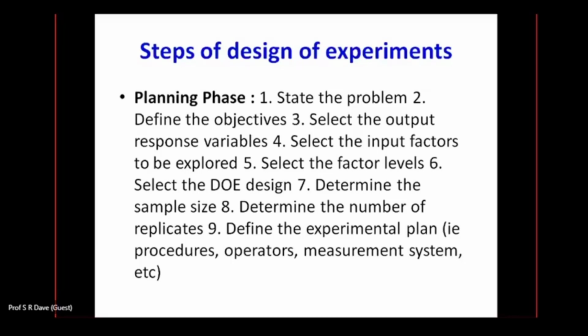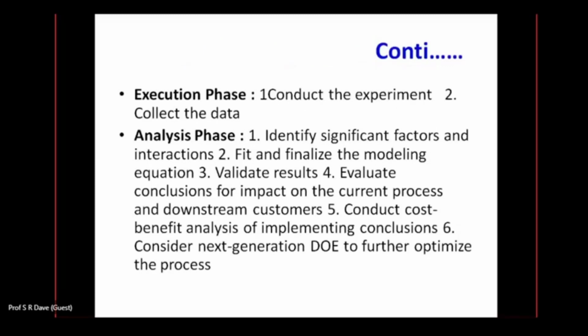The second phase is the execution phase, or actual experimental phase. We give maximum time to it. Of course, time is required, but we give more time than we should give to the execution phase. And the third one is the analysis phase. Now, once again, we come to the first, planning phase.